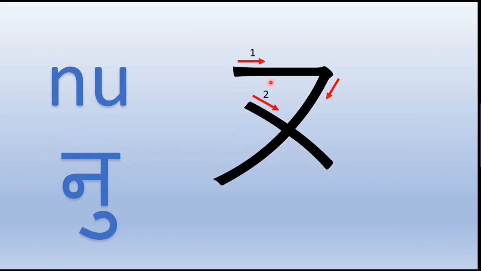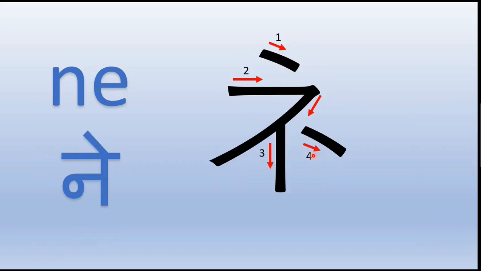Nu, nu we have to write in two strokes like this. This is the first stroke, and this is the second stroke. Ne, ne is a bit complicated. So first is this stroke, the shorter one. Then we have a horizontal stroke and it continues like this as the second stroke.